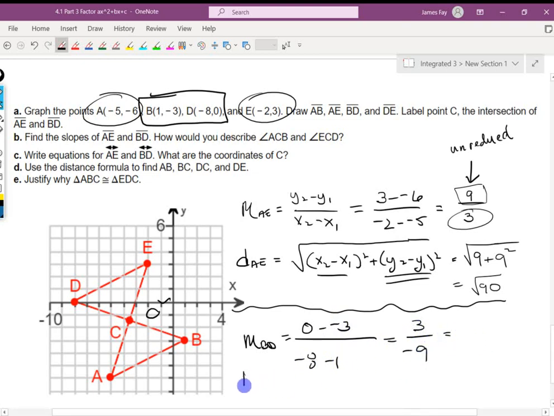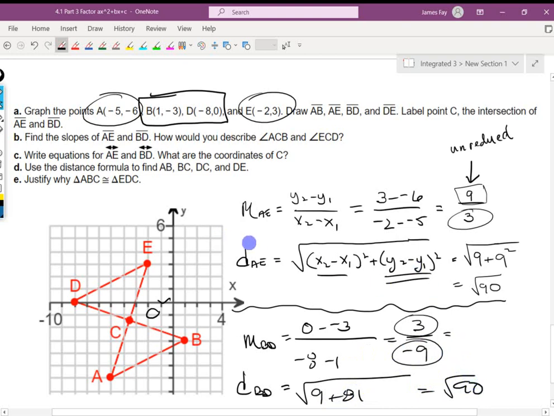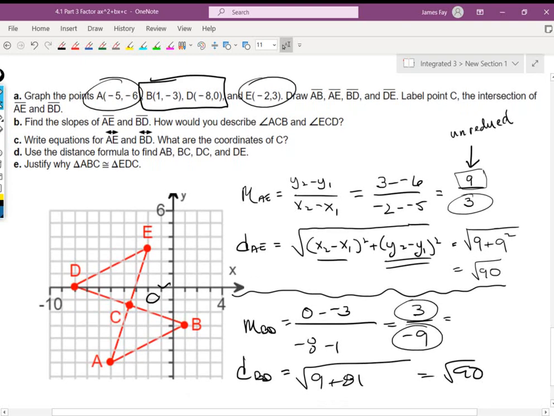Okay, so when I find the distance of BD, it's going to be that number squared plus that number squared. Gives me a radical 90 again. So what's that tell me about BD and AE? BD and AE, are they the same? Okay. Same length.